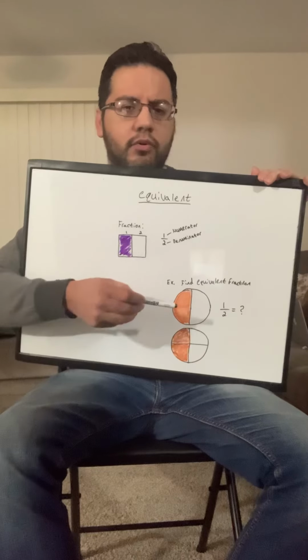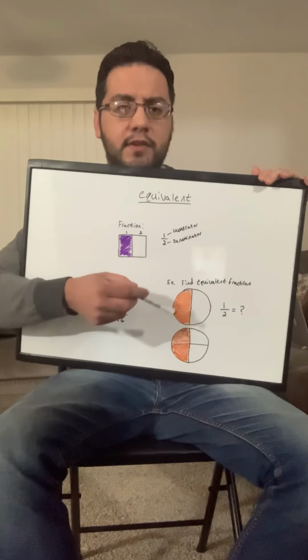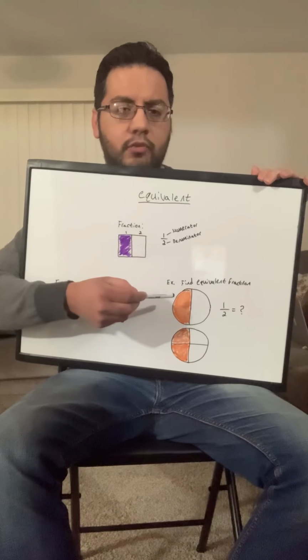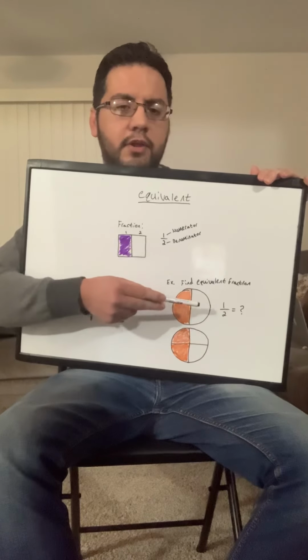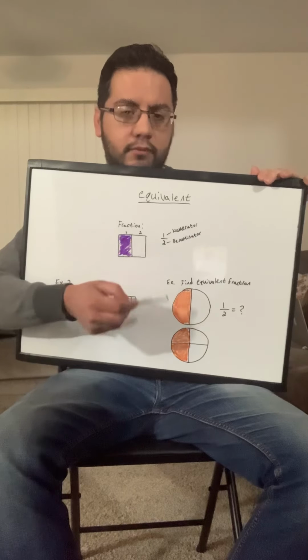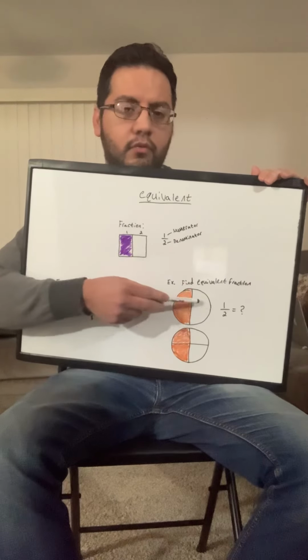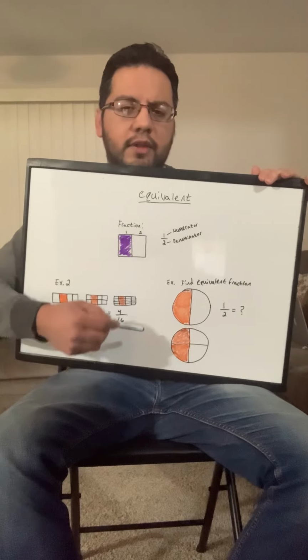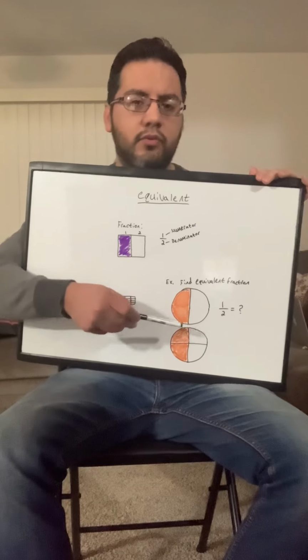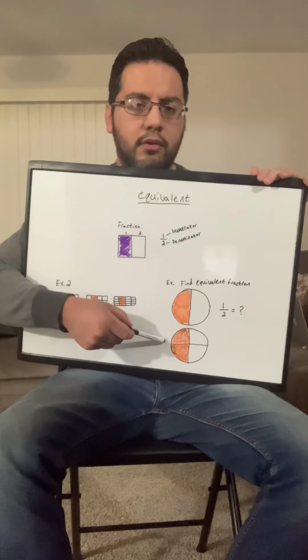But let's say it is a pizza, and let's say you were splitting it. 1/2, or this piece 1/2 goes to your friend, the other piece goes to you. You have two pieces. You both get 1 and 1.